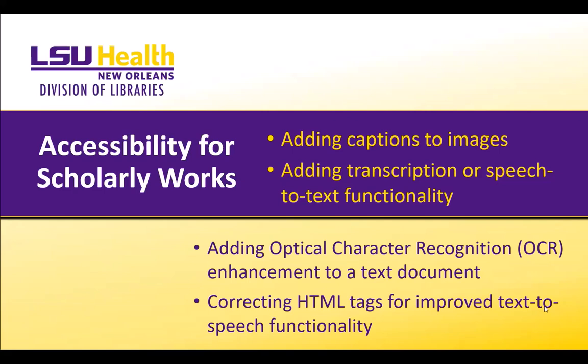And that would look like adding captions to images, or alt text, as it's called in these standards and guidelines, or enabling transcription or closed captioning on videos, running scanned documents through an OCR program, or that's optical character recognition program, or correcting the HTML tags in a document to improve text-to-speech functionality.